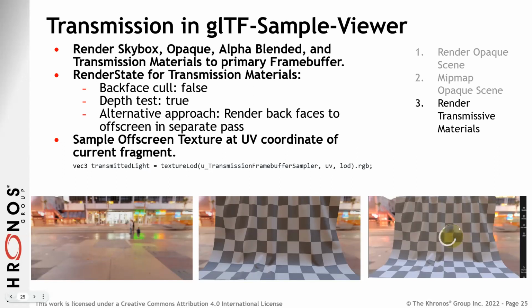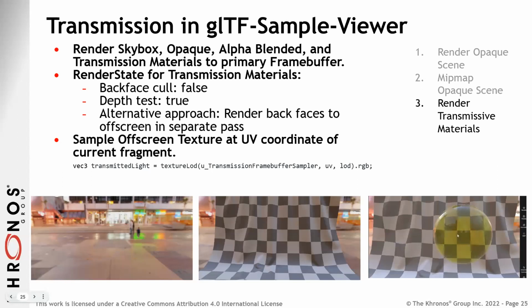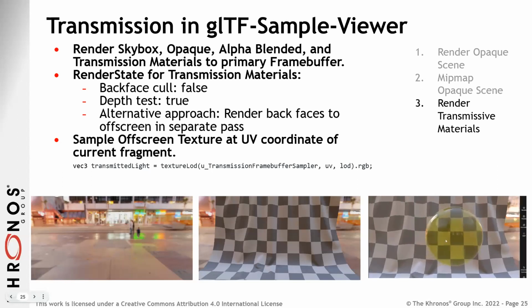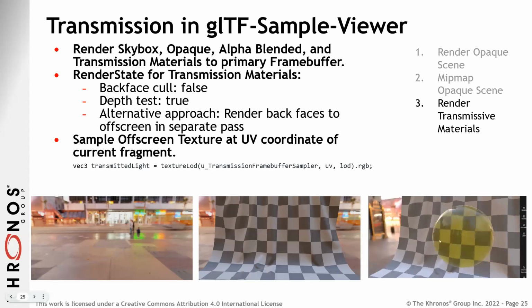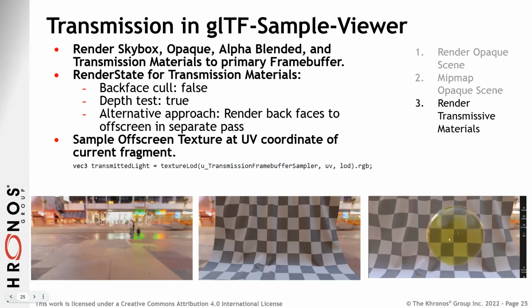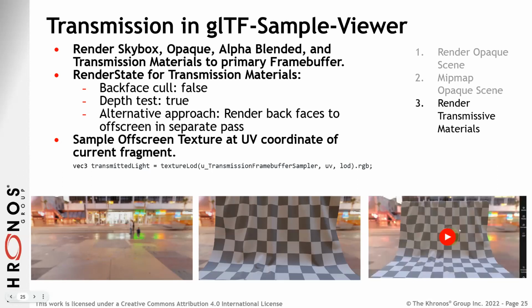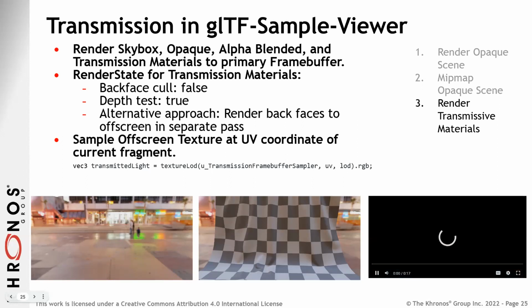And what's important here is that this yellow sphere, it's not alpha blending. There's no alpha blending going on. You can render it with your other opaques. We're actually sampling this background texture, that off-screen texture, when we're processing those fragments. And so the only thing that's visible behind a transmissive surface is whatever you render into that off-screen scene.